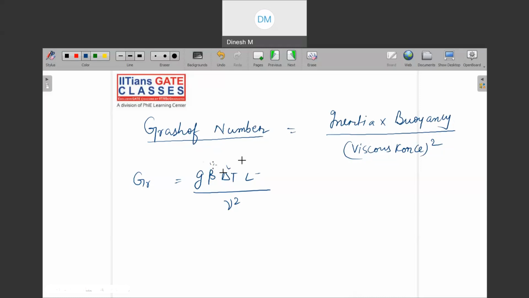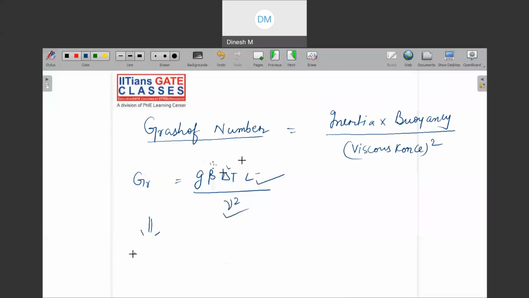Okay, so this is the Grashof number. So the Grashof number is analogous to whom? Reynolds number. So this question will be asked: which of the following numbers in free convection is analogous to forced convection? You will find that the Reynolds number is the one.